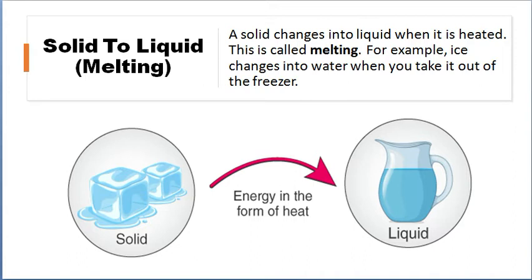The first process is melting, and how it occurs. A solid changes into liquid when it is heated. This is called melting, students. As you can see in the picture on your screen, ice is there, and when we heat it, it comes into the form of liquid, which means it changes its state.